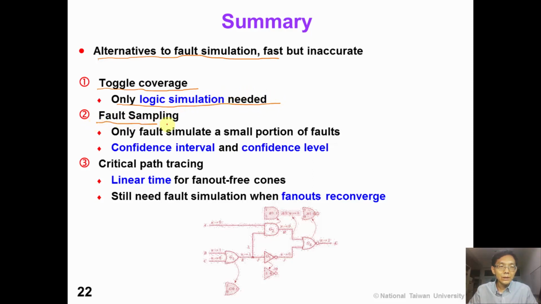Fault sampling only fault simulates a small portion of the faults, and we can determine the confidence level and the confidence interval based on statistical methods. Critical path tracing is a linear time algorithm for fanout-free circuits, but we still need fault simulation when fanout reconverges.